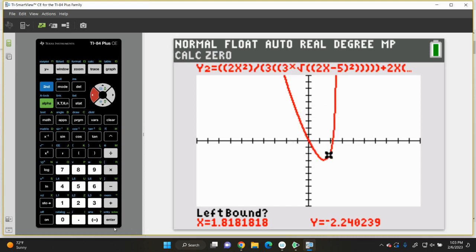Left bound, and it puts the dotted line there. Then it's asking me for a right bound, so I need to move to the right of that 0 and press enter. And it puts another dotted line. And then it's asking for a guess, so I just press enter. Okay? So those are the 2 zeros.